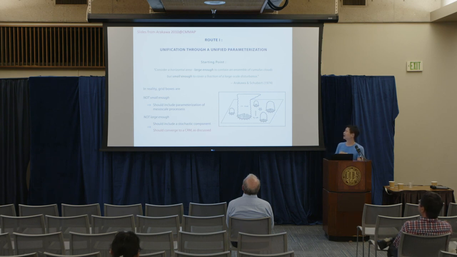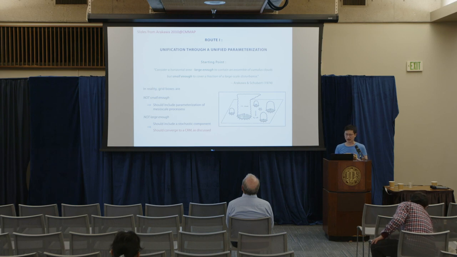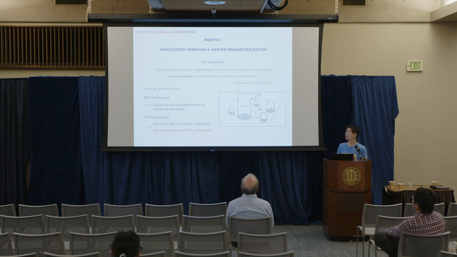The goal is to have a unification from the general circulation model to the global cloud resolving model. There are two routes, and the unified parameterization is one of them. He thinks of convective parameterization as needing a horizontal area large enough for an ensemble of clouds, but small enough to cover only a fraction of the large-scale disturbances.